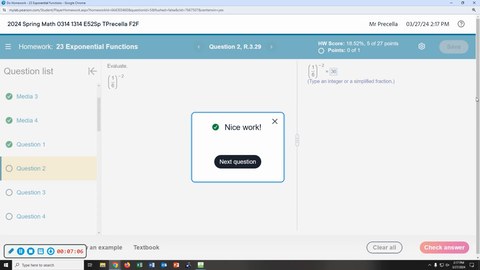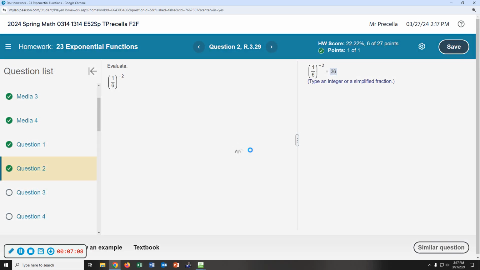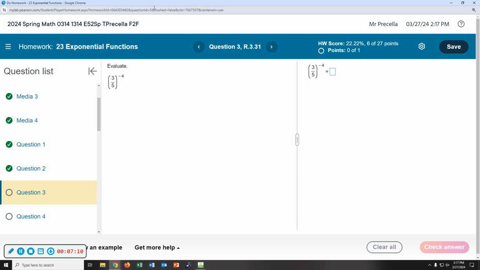Now, that can't stay that easy, can it? That's number 3. This one will be a little messier, I suppose. Let me write it down: 3 over 5 to the negative 4 power.